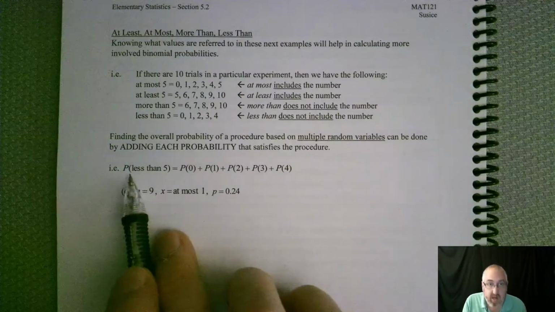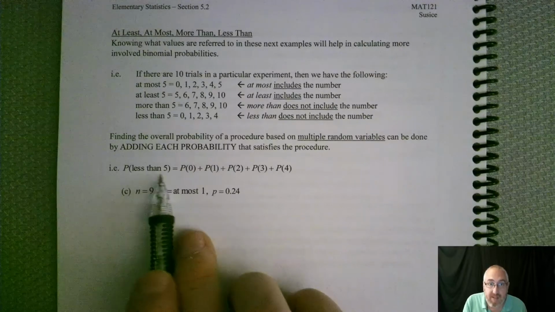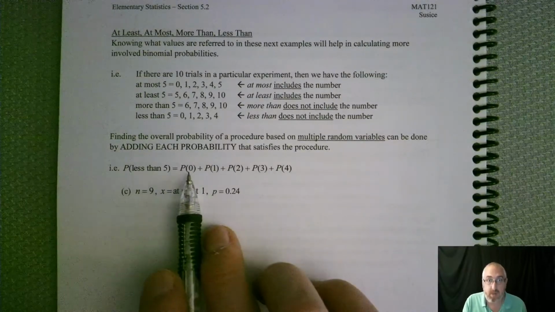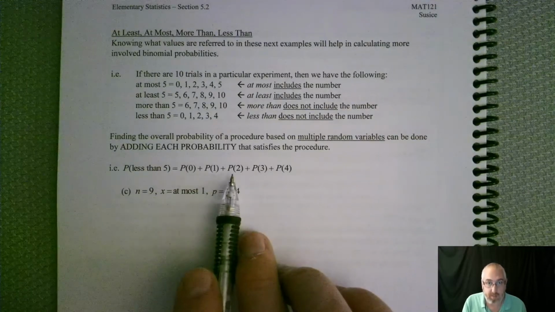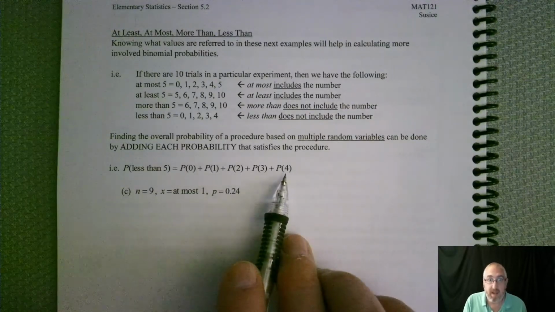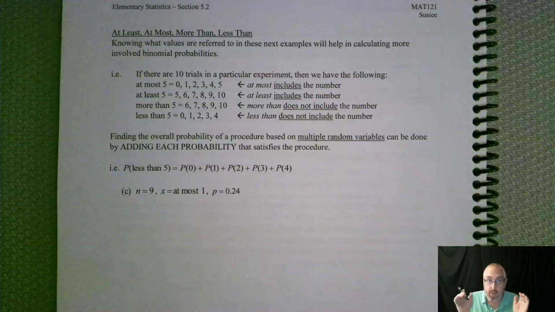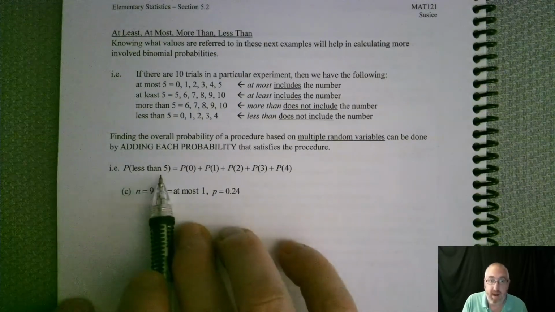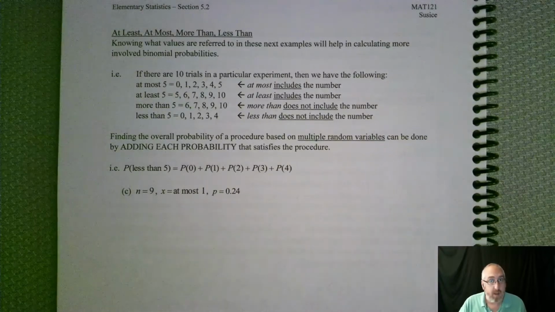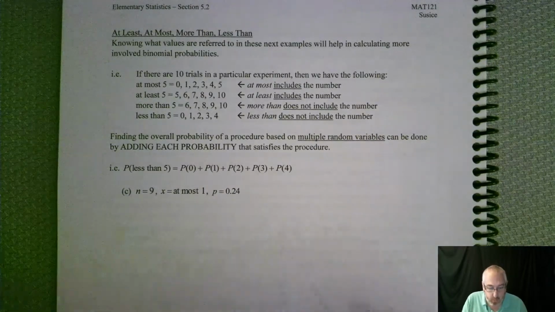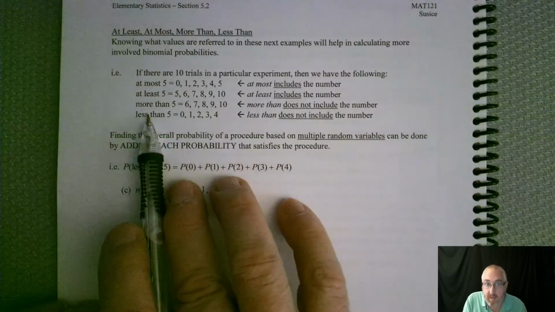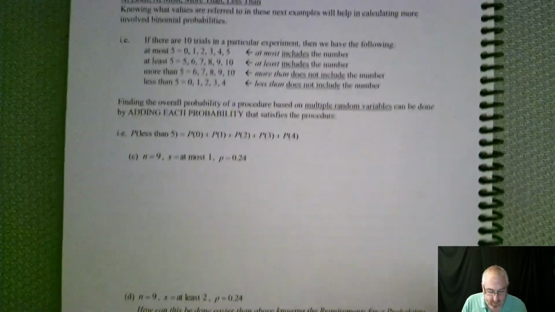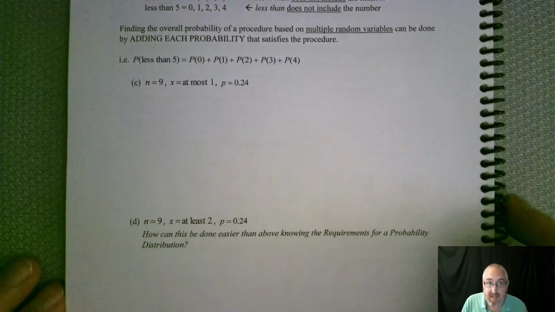So if I wanted the probability of less than 5, I only need to look at the probability of 0 plus the probability of 1 plus the probability of 2, 3, and 4. And that's it. Those probabilities combined is equal to the probability that it's less than 5. So that's why it's important. You've got to make sure you really understand what those phrasings mean, and then that's going to help you get these probabilities.